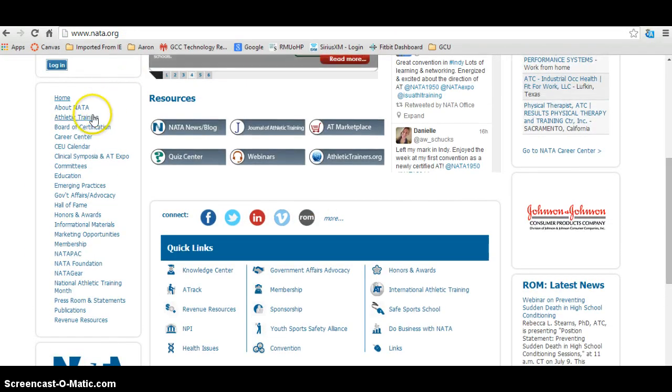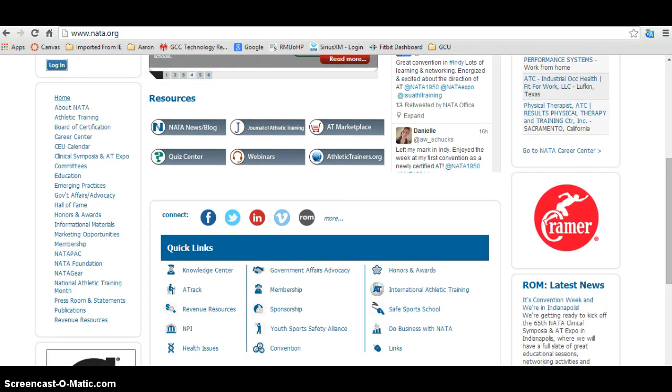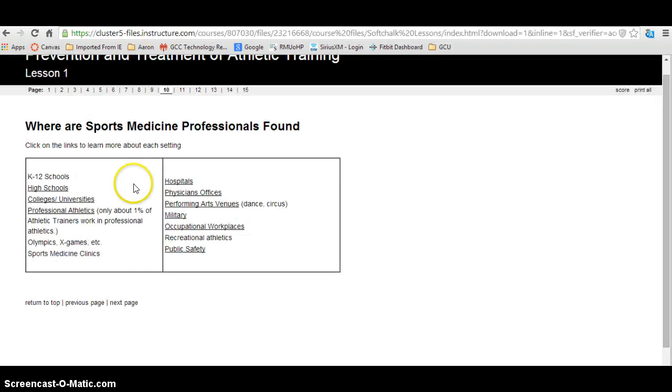If you go through the athletic training link, you can find a lot of information about different settings that you can work in sports medicine or athletic training, and get some pros and cons of working in professional athletics. We are also found working at the Olympics or X Games, in sports medicine or physical therapy clinics, at hospitals. Performing arts venues is an up-and-coming one.